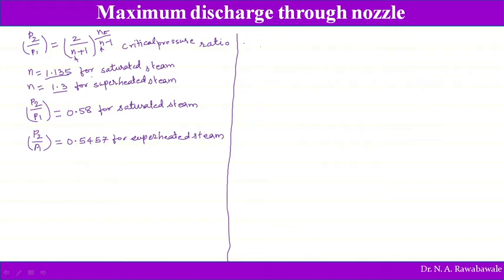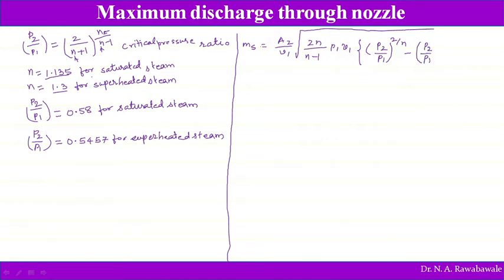That equation was: mass of steam is equal to A2 divided by V1, in square root, 2n divided by n minus 1, P1 V1, in bracket, (P2 divided by P1) to the power of 2 divided by n minus (P2 divided by P1) to the power of n plus 1 divided by n.